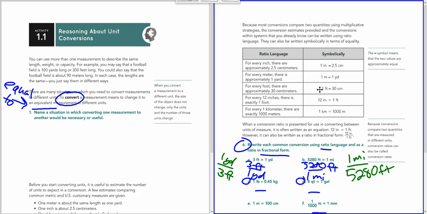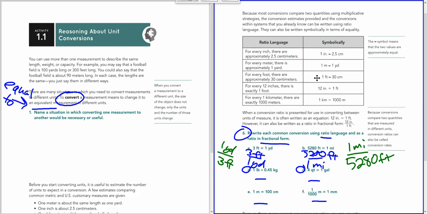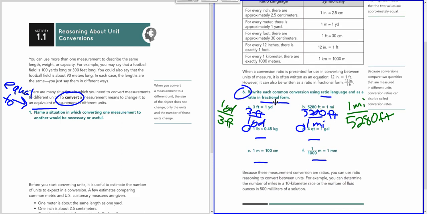Then over here on page 169, we look at a very important skill, and that is to take these equal statements, these conversion factors, and turn them into a ratio in fractional form. So 3 feet is equal to 1 yard. There are 3 feet in a yard, so we would say there are 3 feet for every 1 yard.